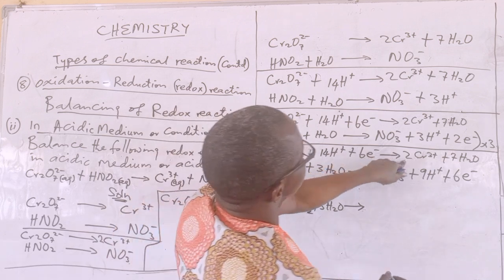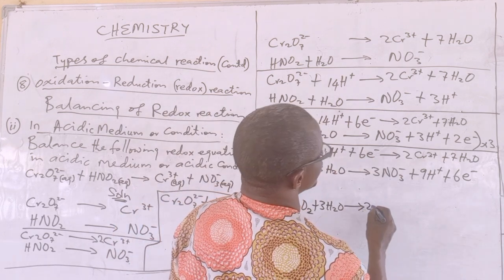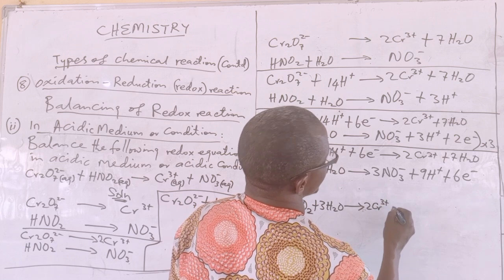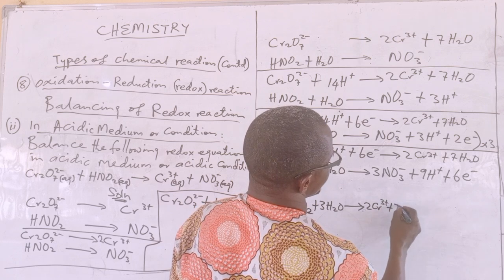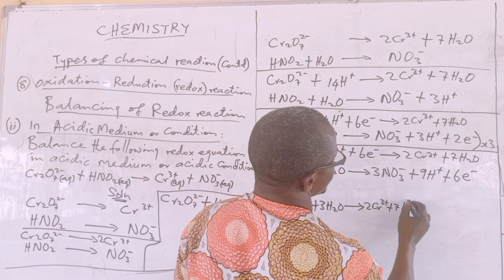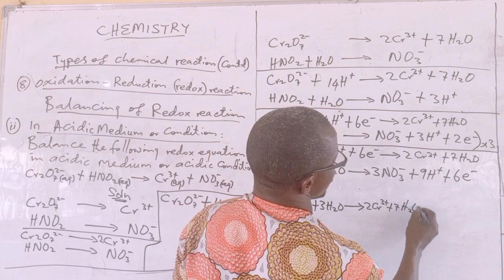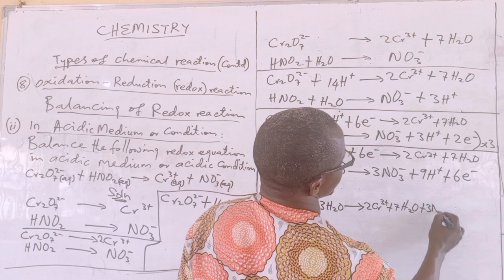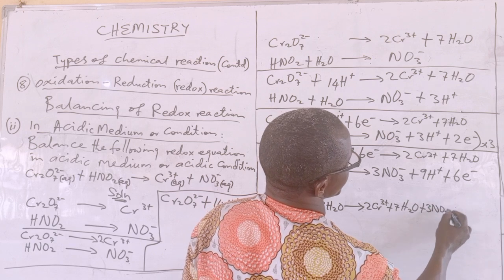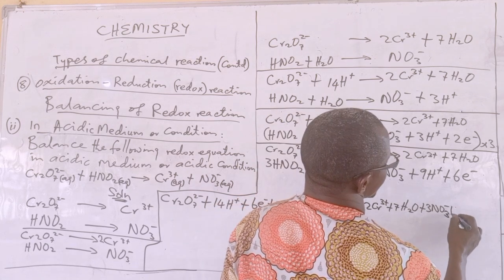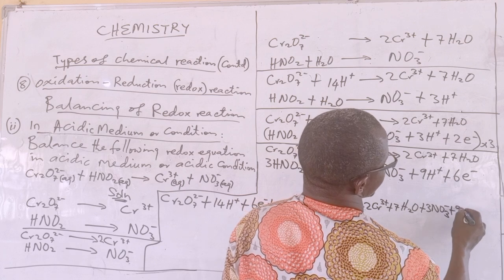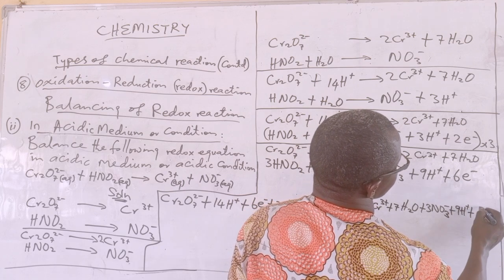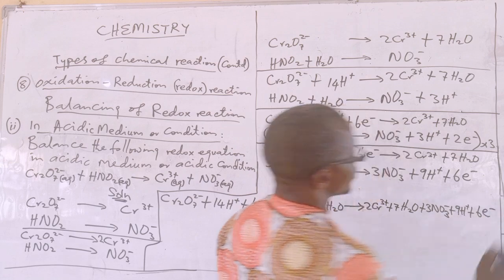I will start with this. 2Cr3 plus 7H2O plus 3NO3 minus plus 9H plus 6e minus.